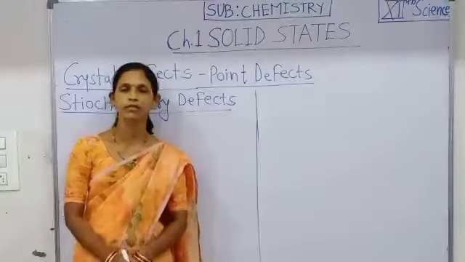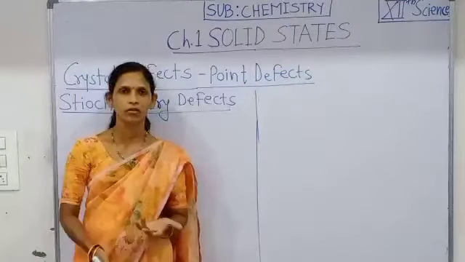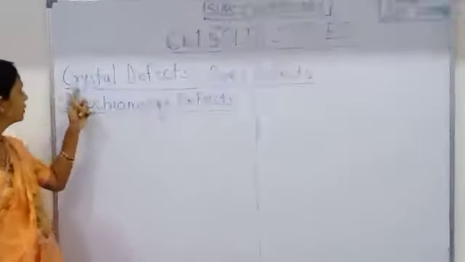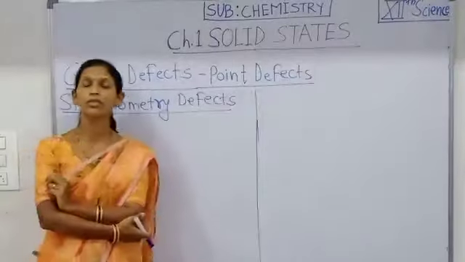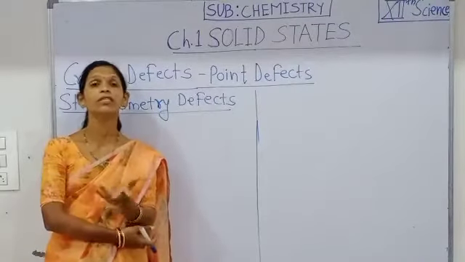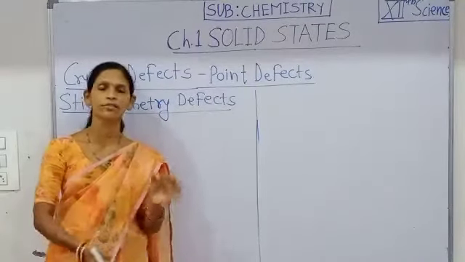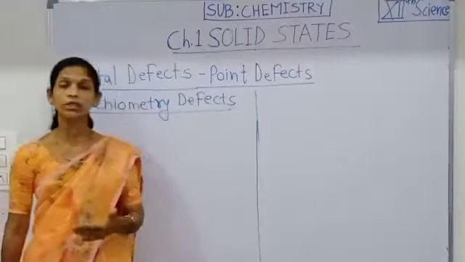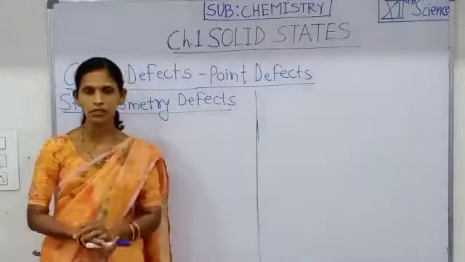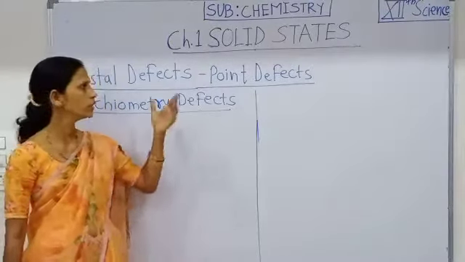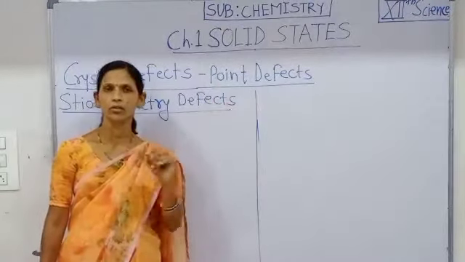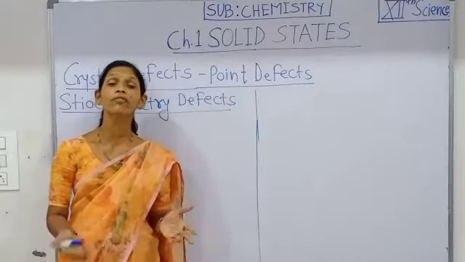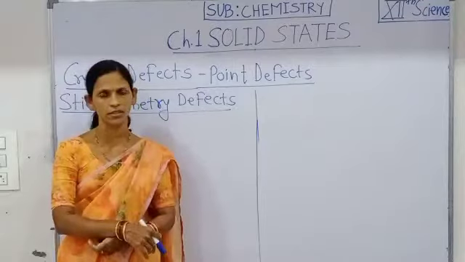Hello students, in the previous lecture we started the concept of crystal defects. All of you have studied that crystal defects are also known as imperfections. In this chapter we will discuss the point defects, which take place in the crystal lattice of different crystalline substances.